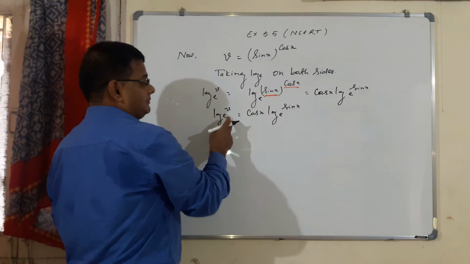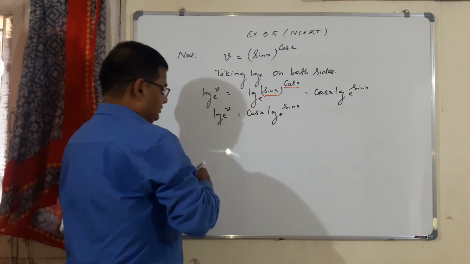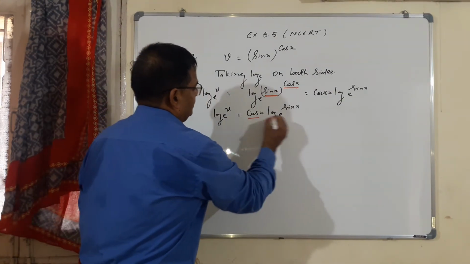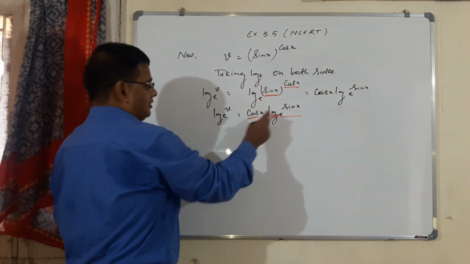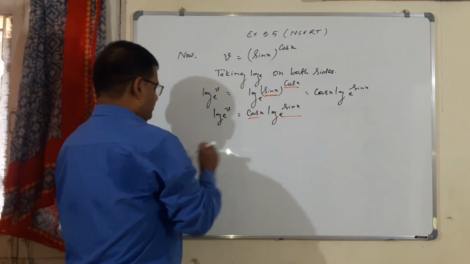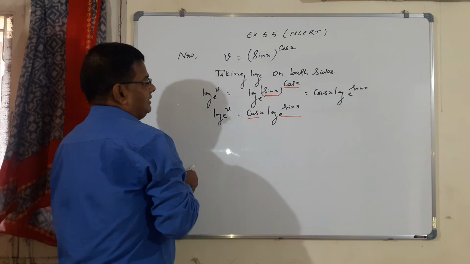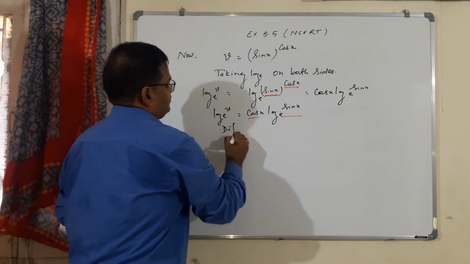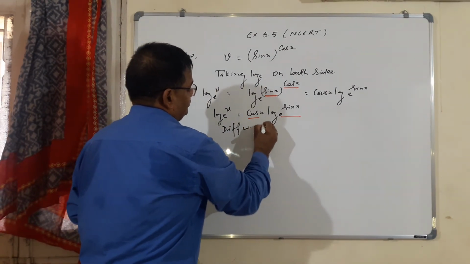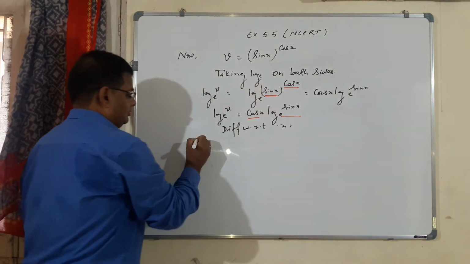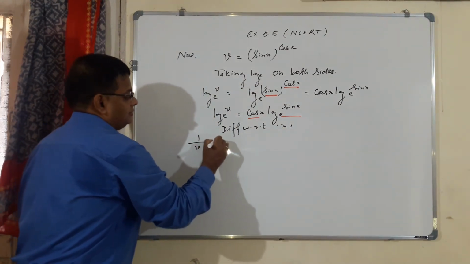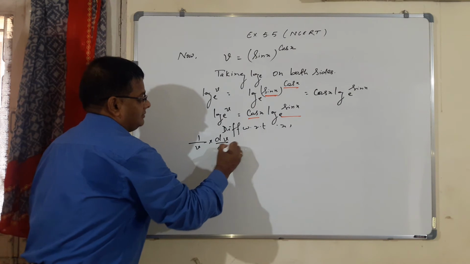Now suppose this one is u and this one is v. Use the product formula. Differentiating with respect to x, 1 by v into dv by dx.